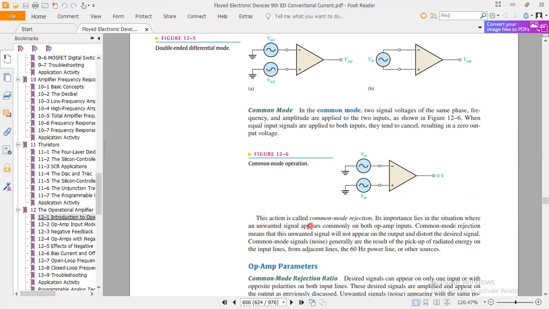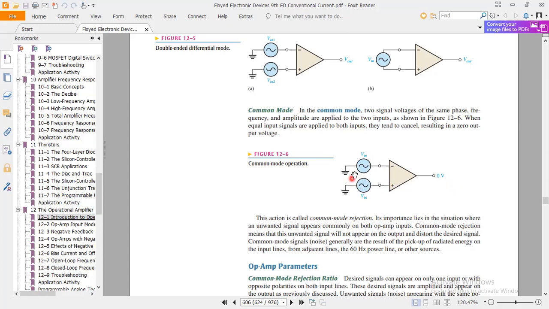This action is called common mode rejection ratio. It is important in the situation where an unwanted signal appears commonly on both op-amp inputs. If there is a kind of disturbance or noise distortion at this level, then the output can be affected.